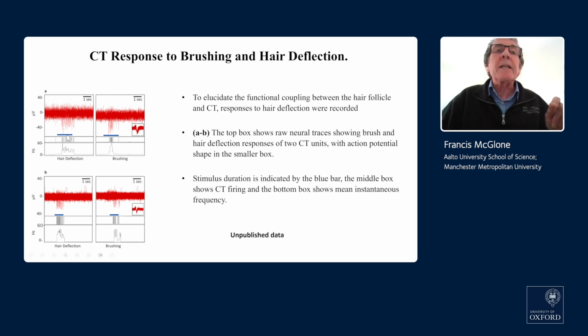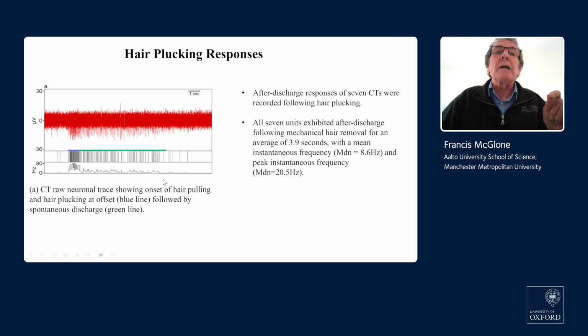So when you deflect the hair, the blue line, you can see the nerve fire. When you brush across, it's also velocity tuned. And this is an indication that these hair follicles are innervated by these reward processing C-tactile afferents. This again, I think is probably very relevant to the discussions today.